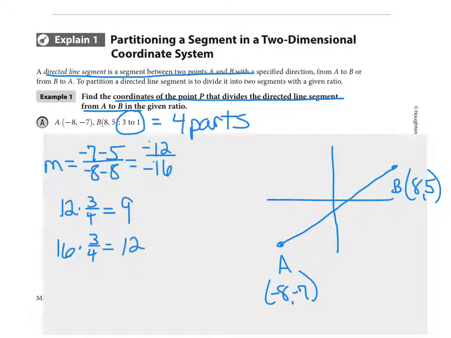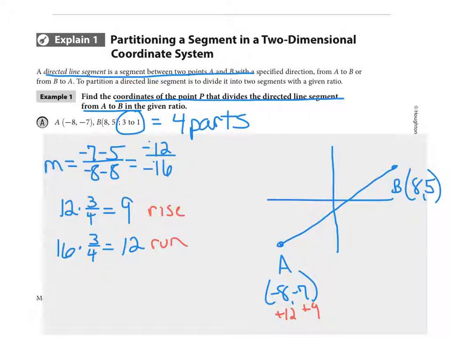Now what I'm going to do is take 12 and add it to -8, and take 9 and add it to my y, because remember, this is the rise and this is the run.